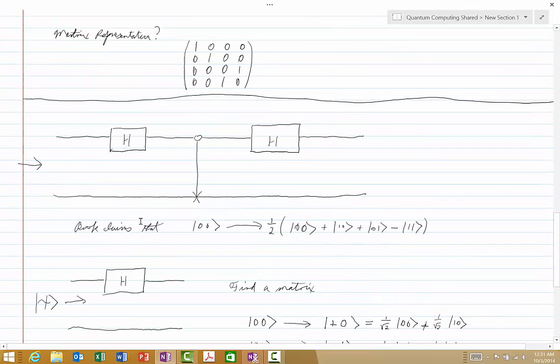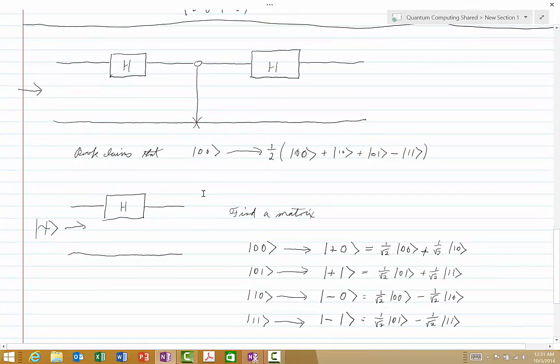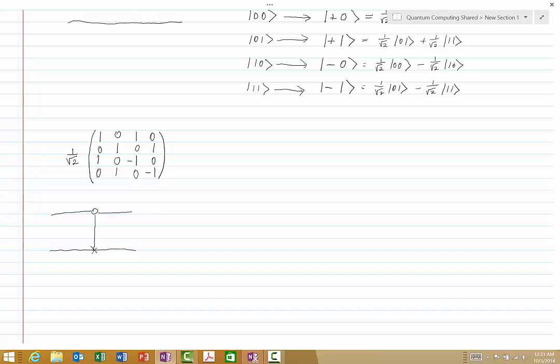Just let me make sure you understand. So we've done now this part on the left, and now we would next come to the controlled NOT gate. And we have already found that the matrix for that will be the following.